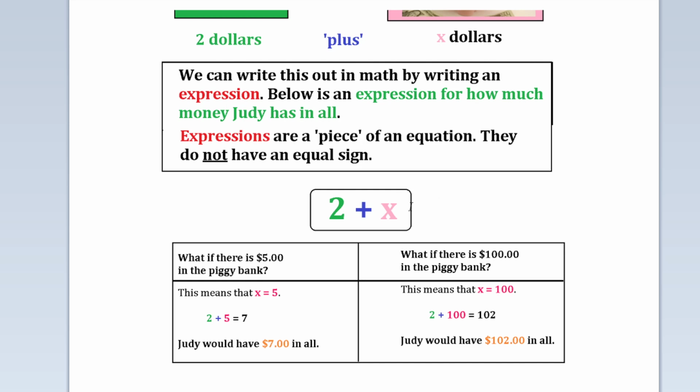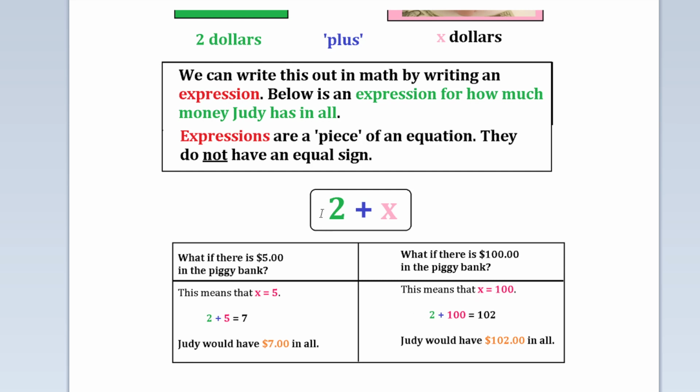But then you can see, what if x was a different number? It's a variable, right? We said it can vary, it can be different. What if x was something like $100? What if she gets allowance every week, she's saved up a lot of money in her piggy bank, and she counts $100 in there? Well, now we know x is 100.